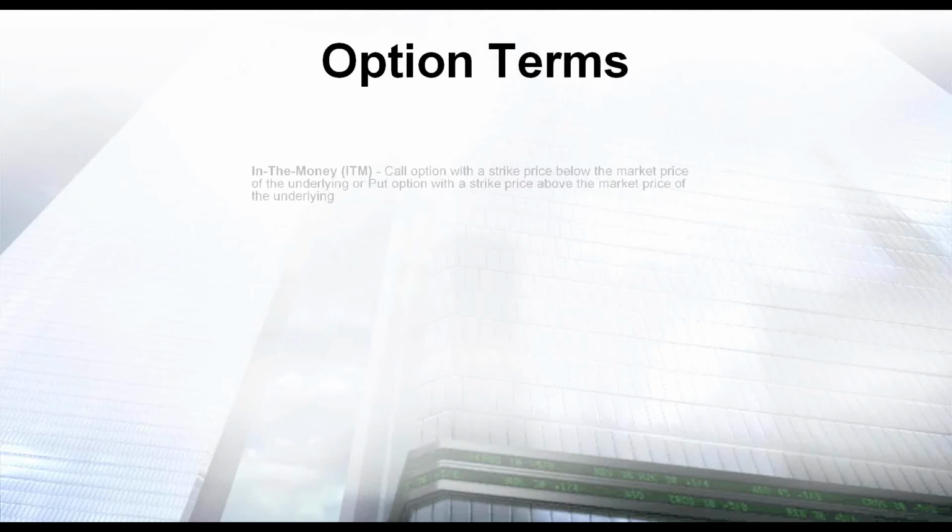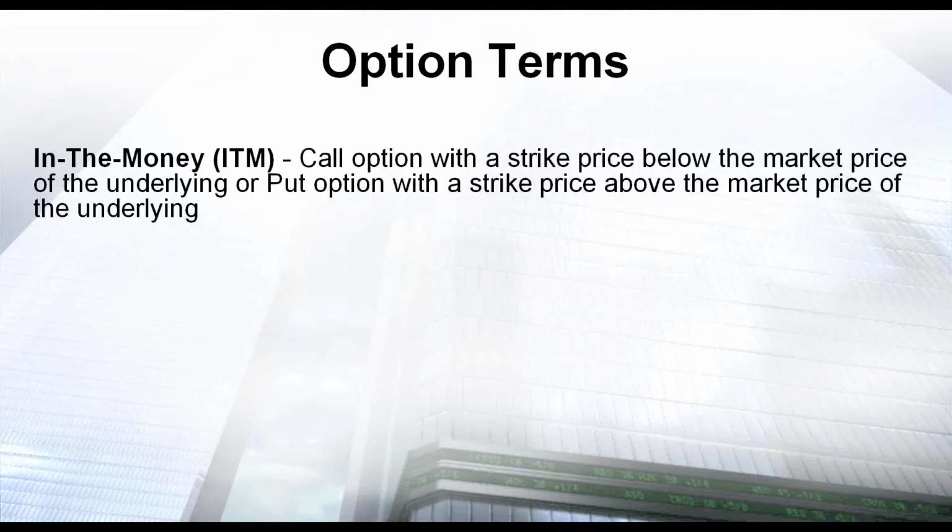Now, there's a number of terms you'll hear a lot when it comes to options. One of them is in the money. What this means is a call option with a strike price that is below the current market price of the stock, or a put option with a strike price that is above the current market price of the stock. That's what we call in the money.